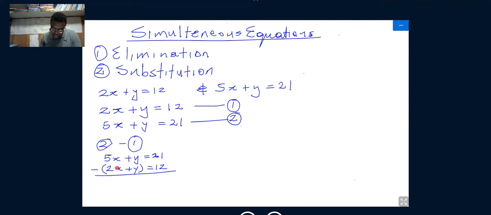I want to explain this one. You can see this is a distributive property.